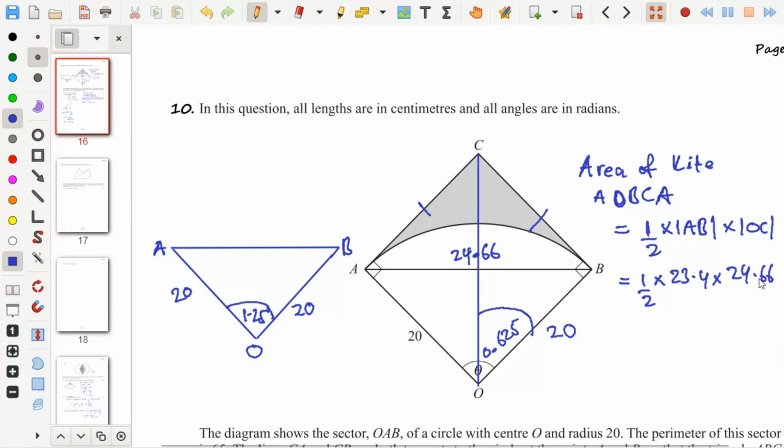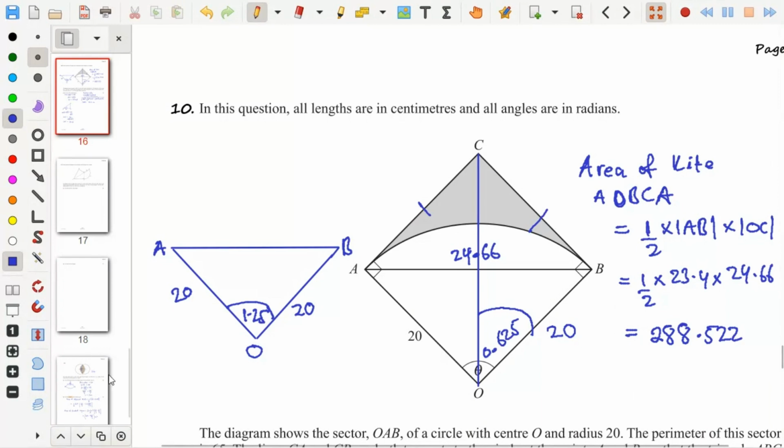So now let's multiply this and see. Getting 288.522. You don't need to approximate here or correct to three significant figures.